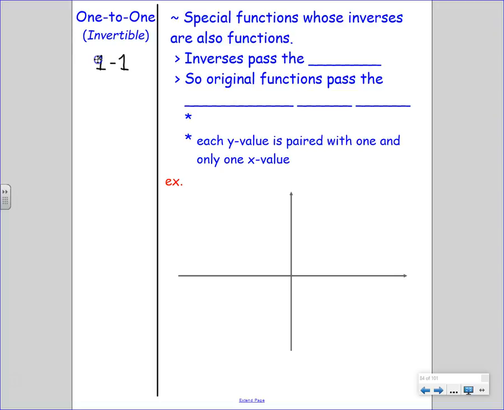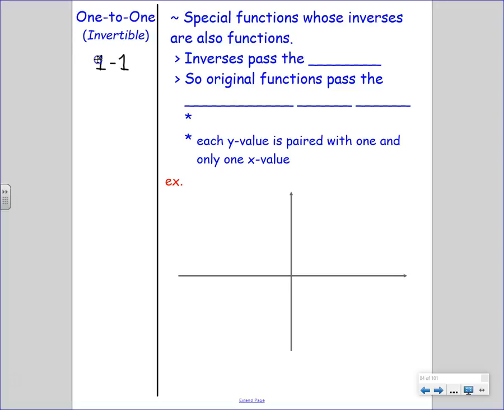Technically, when you're supposed to get y by itself, couldn't it have been a positive square root or a negative square root? We would call an inverse function of x.